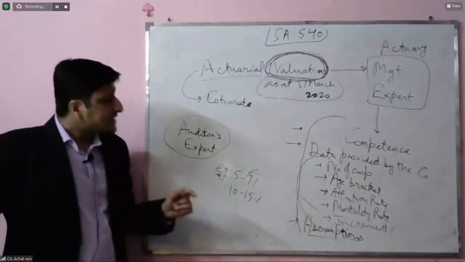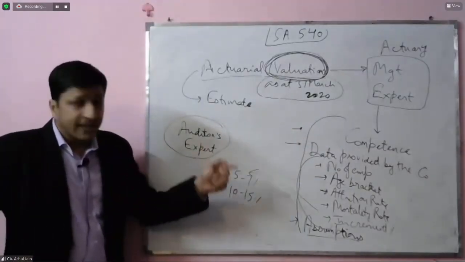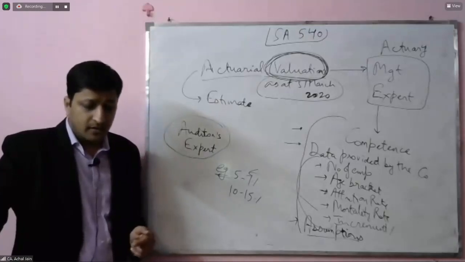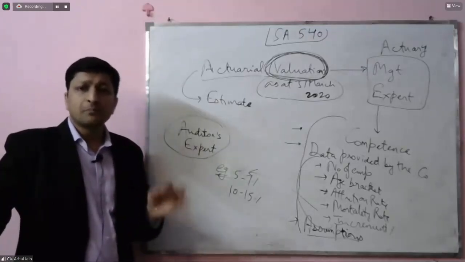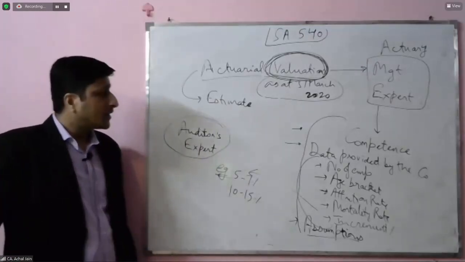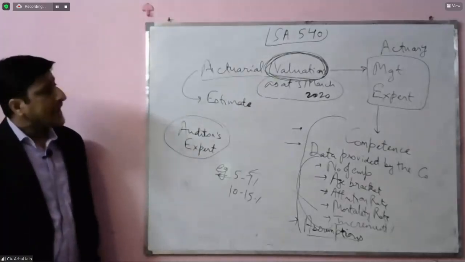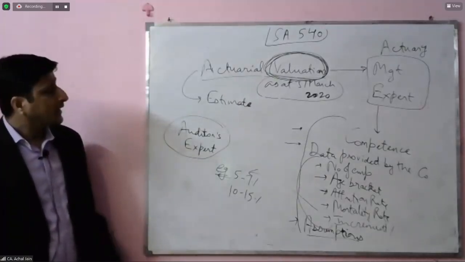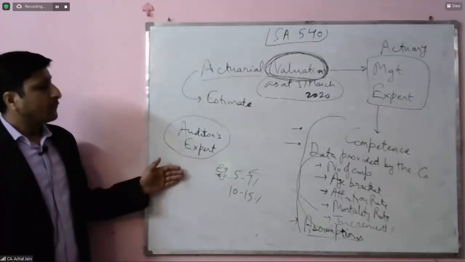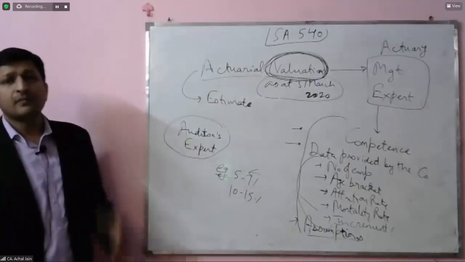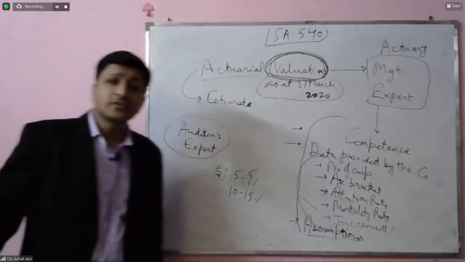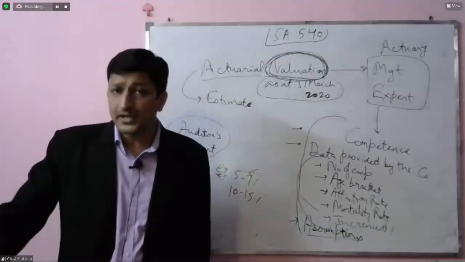But as around some of these areas which are audited by the auditor, it's absolutely important on the part of the auditor to plan the work and to ensure the places where any of these experts will be required to be engaged.